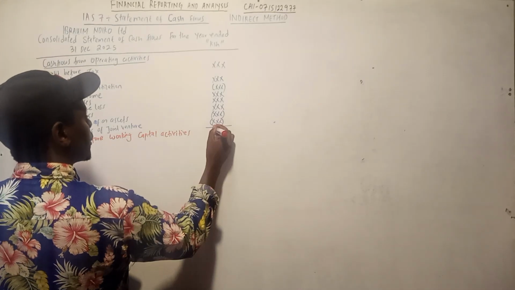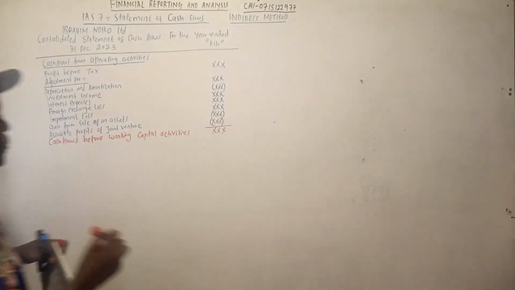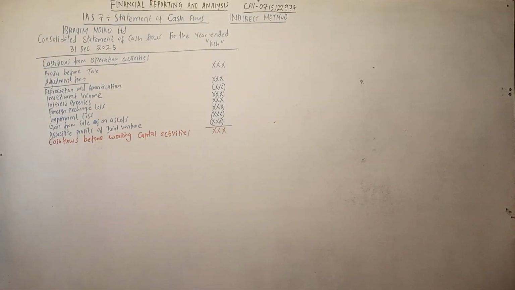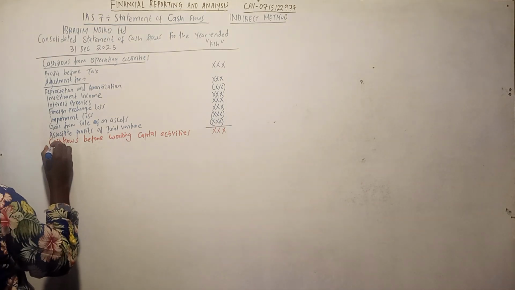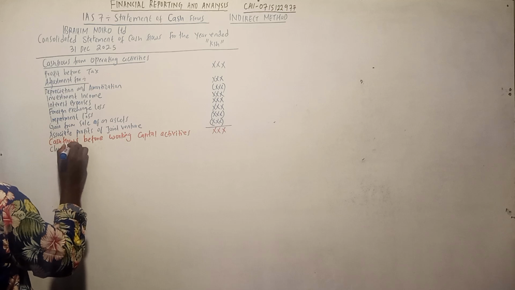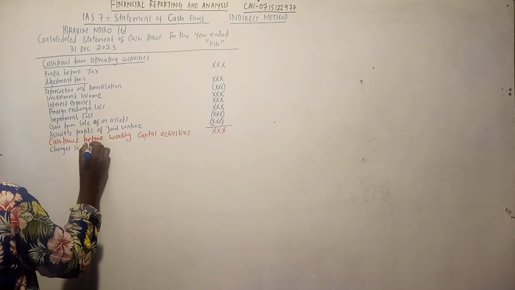Let me put it in red so that you know that one. Once we have the cash flows before the working capital activities, then we can check for the changes in working capital.